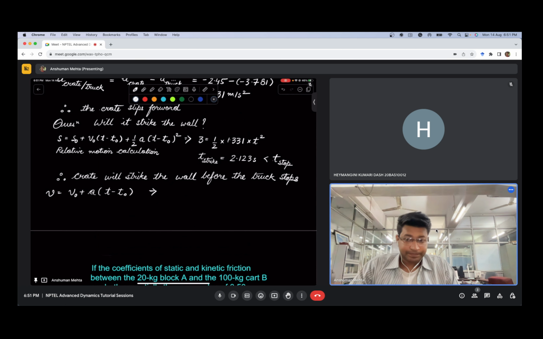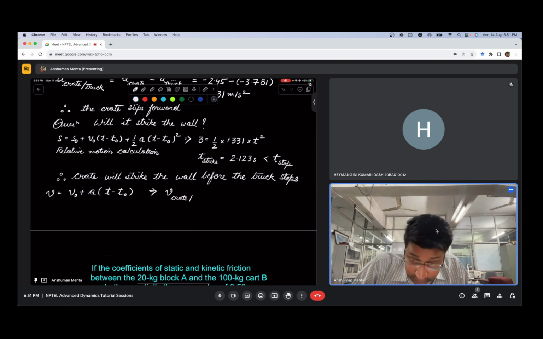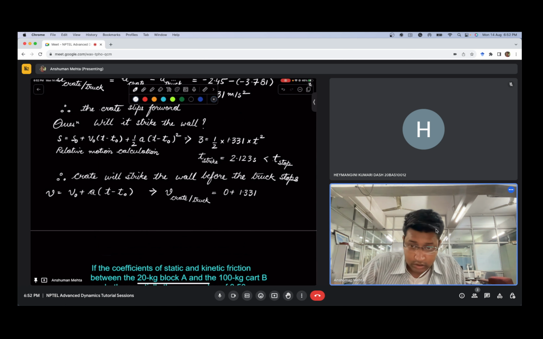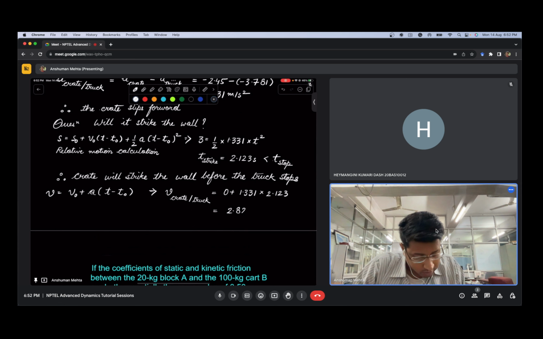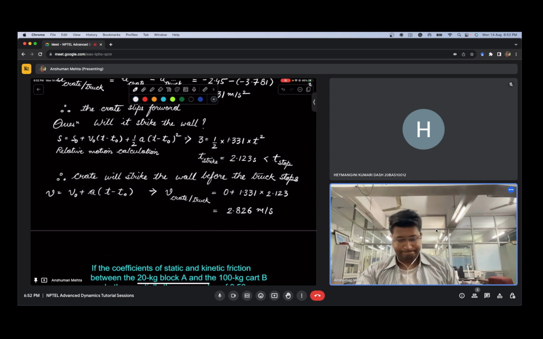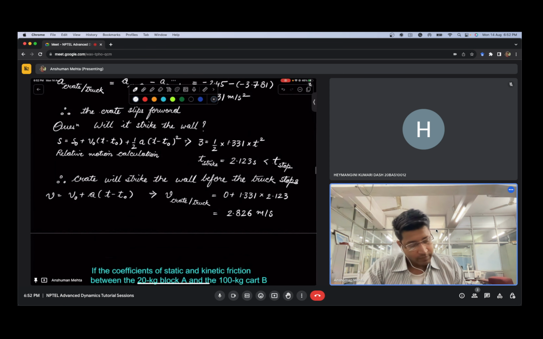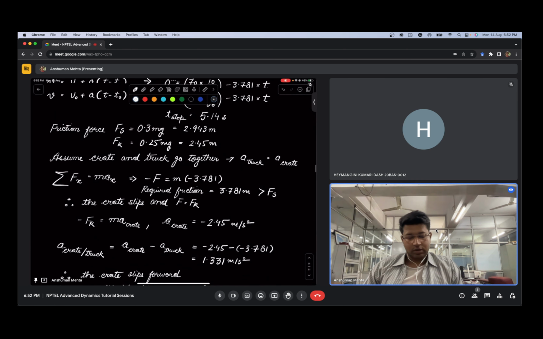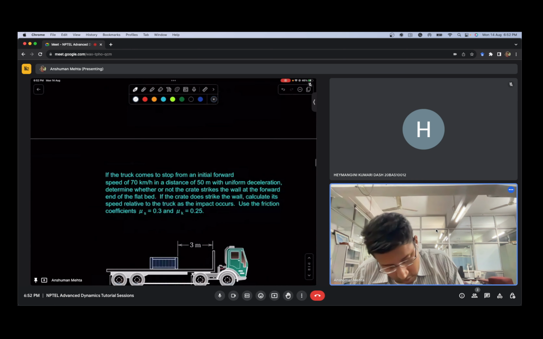When we apply this, we get v of rate with respect to the truck, the relative velocity, which is equal to 0 plus the relative acceleration, 1.331, into 2.123, which comes out to be 2.826 meters per second in my notes. Okay, so this completes our question 2.